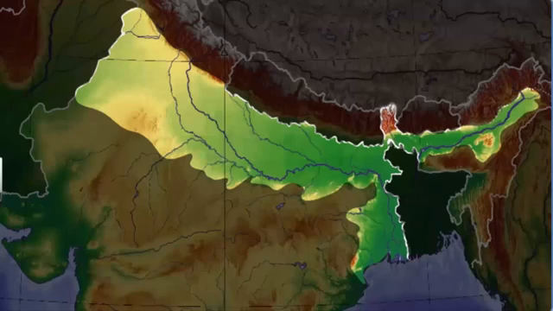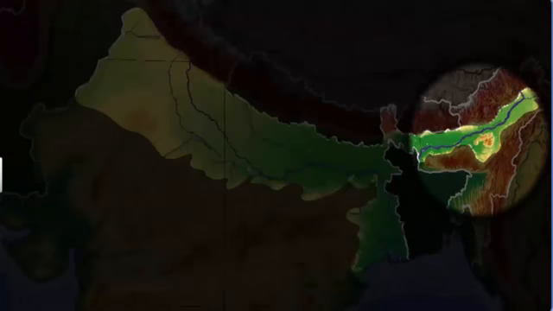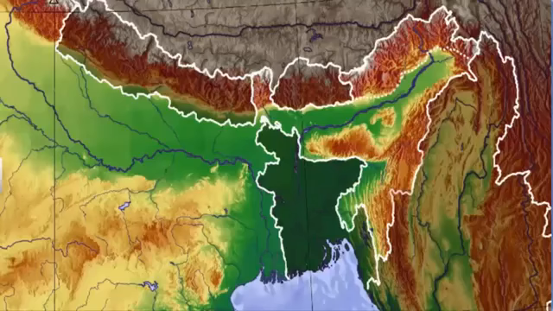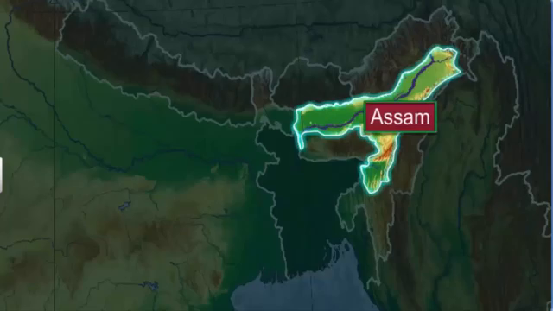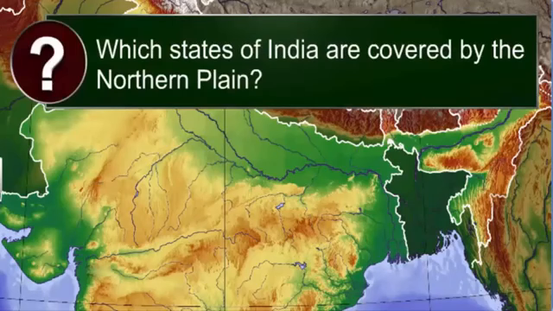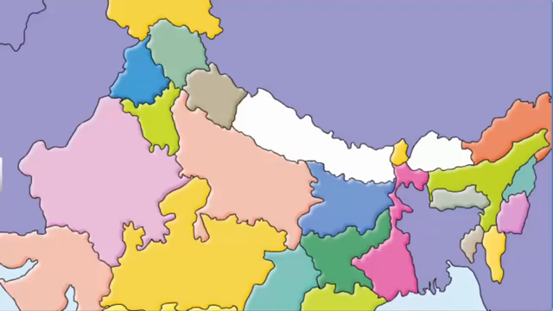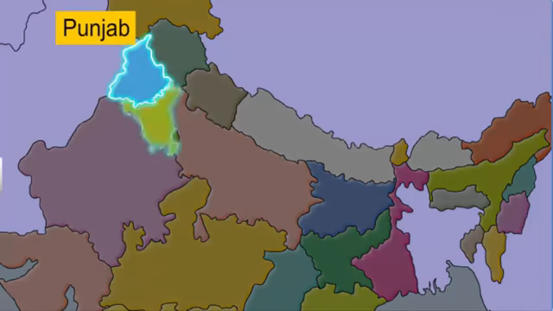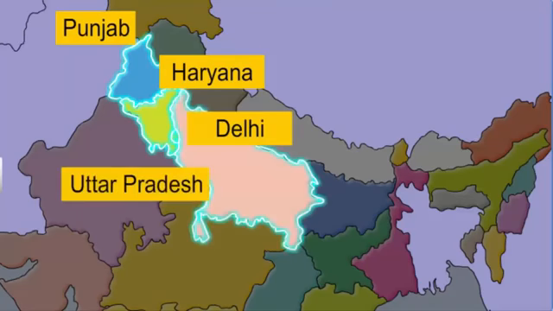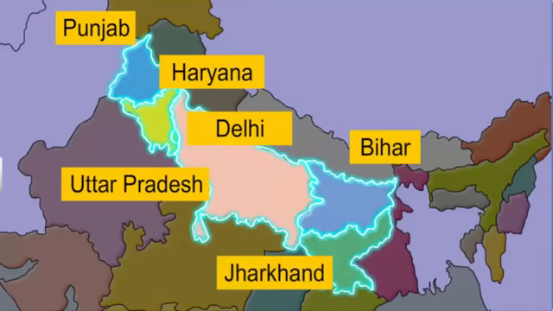Finally, the eastern portion of the northern plain is called the Brahmaputra plain. This plain lies in the state of Assam. So, which states of India are covered by the northern plain? The different states that fall under the northern plain are Punjab, Haryana, Delhi, Uttar Pradesh, Bihar, parts of Jharkhand, West Bengal, and Assam.